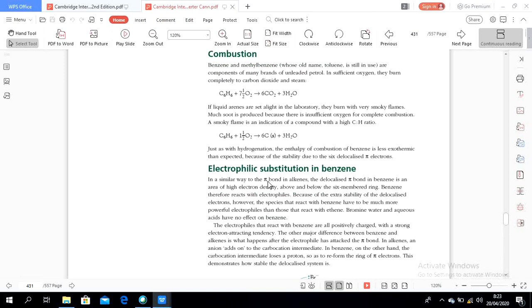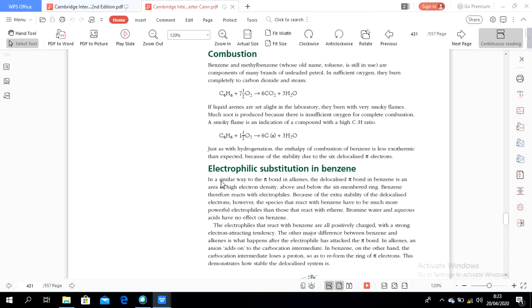In a similar way to the pi bond in alkenes, the delocalized bond in benzene is an area of high electron density. So the pi bond, the double bond, has a high area of electron density. But the difference is that in benzene there are 6 carbon atoms and only 3 double bonds, and the location of the double bonds is always rotating.